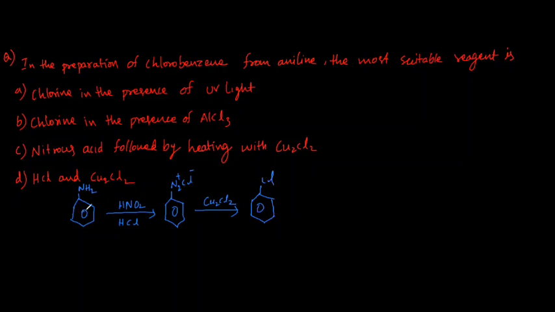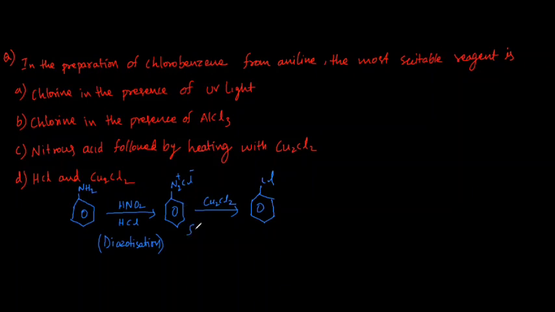Aniline reacts with HNO2 in the presence of HCl to give benzene diazonium chloride. This reaction is called diazotization. In diazotization, the compound formed is benzene diazonium chloride. It reacts with cuprous chloride.